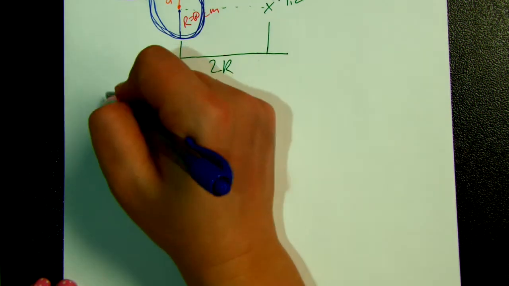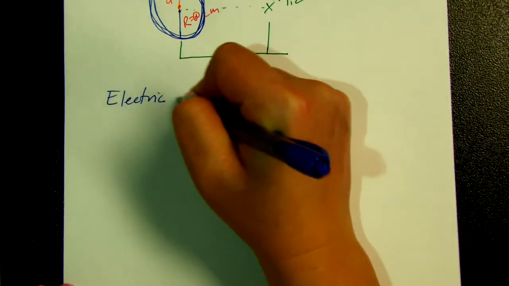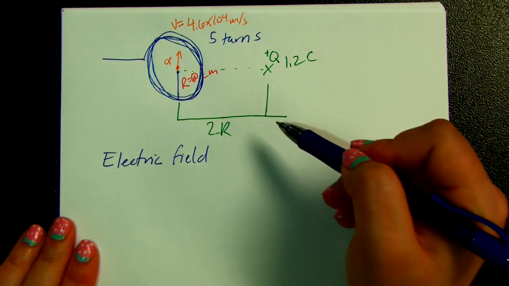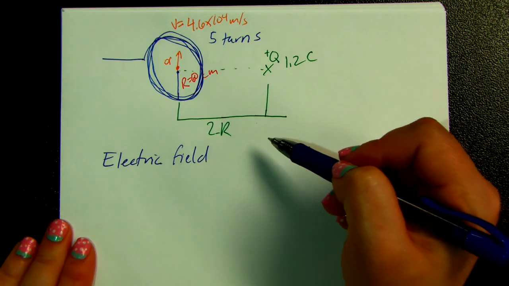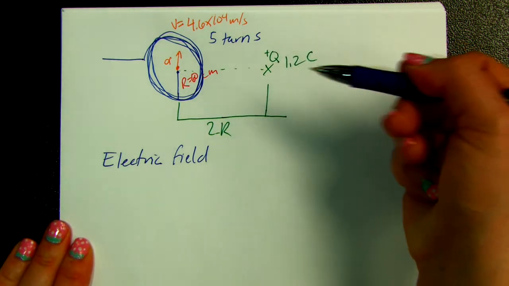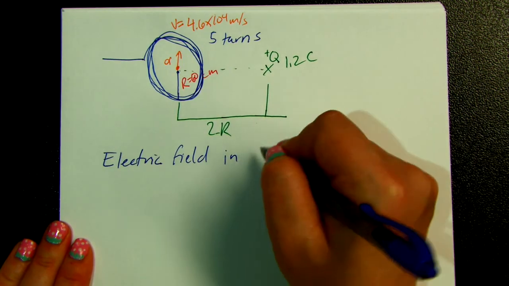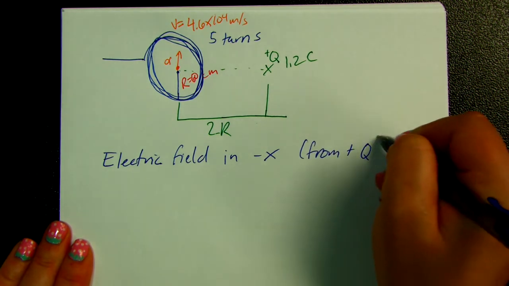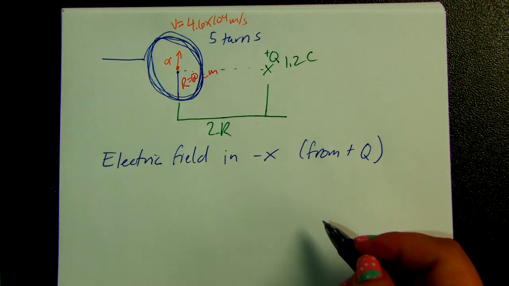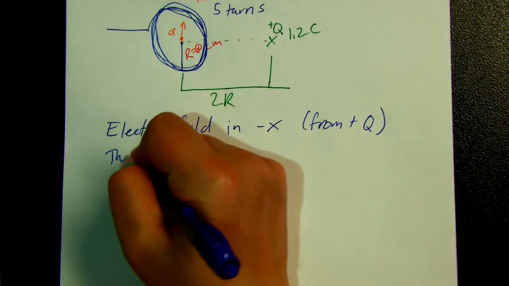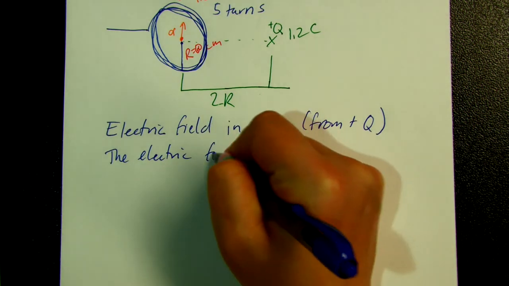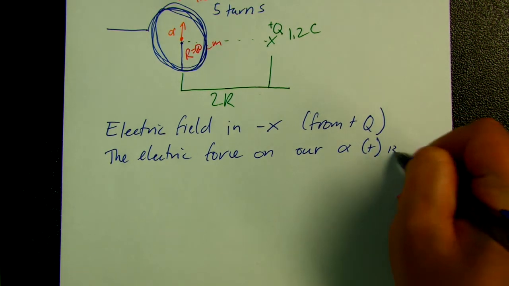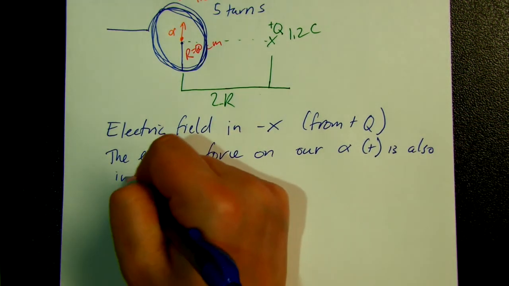All right, so the electric field from this positive particle, so remember, positive radiates outward, just like positive people. So if it's going to radiate outward, it's going to be in negative x from our positive Q. So the electric force on our alpha, which recall is positive, is also in negative x.